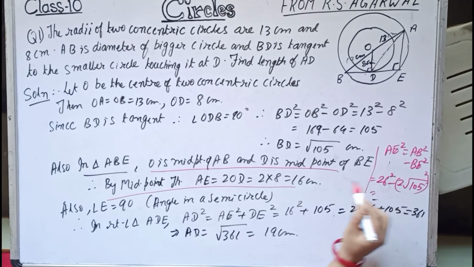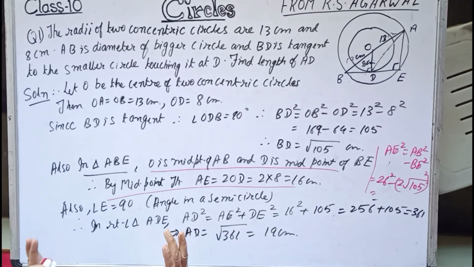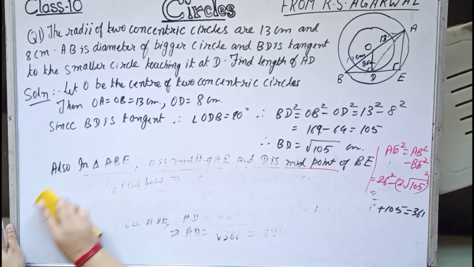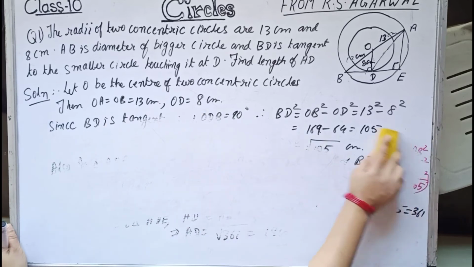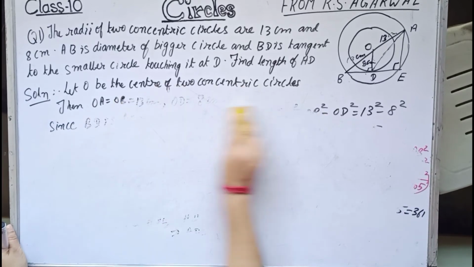If you solve this, then also you will be getting 16 centimeter. So let us proceed for the next sum. So whenever a question you get, analyze the question, plan the solution, and then only you proceed writing. It will hardly take a minute, but definitely your solution will be correct and concept wise you will be doing.